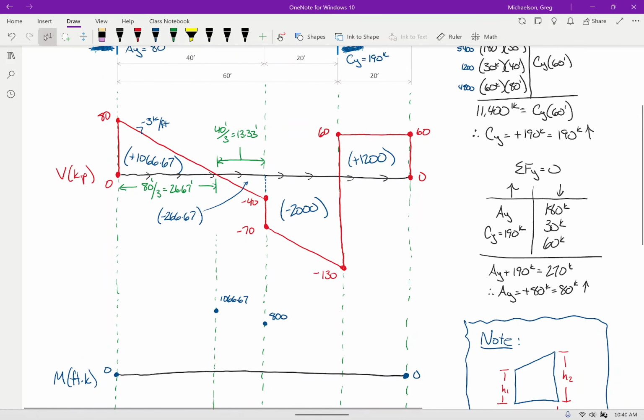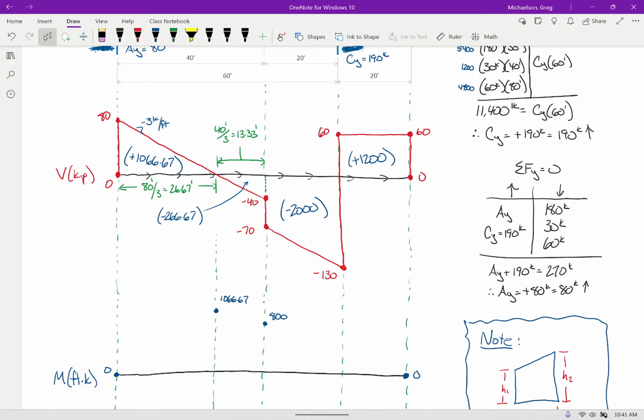Now, if you want a simple mnemonic that I sometimes remember, do you see how the shear diagram goes from a lot of shear to a little shear? Lot to a little. So if the shear goes from a lot to a little, then the slope goes from a lot to a little.